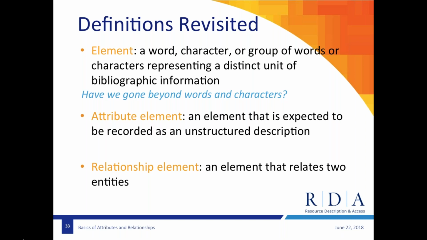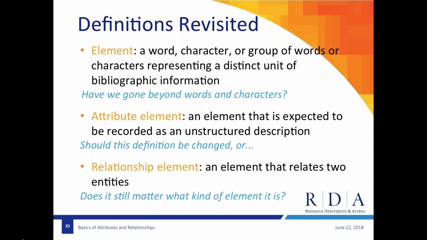So we've looked at the definition of attribute element, which I said, again, doesn't seem to be accurate based on what we're seeing in different places, because we have elements that have multiple recording methods that we seem to consider attributes. So should we change the definition, or does it still matter to us so much what kind of element we have? Does it still matter to us if it's an attribute or a relationship?